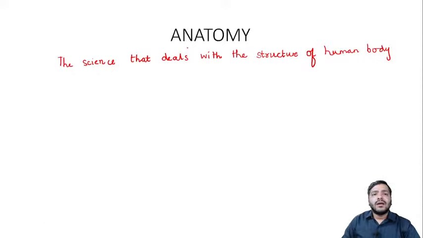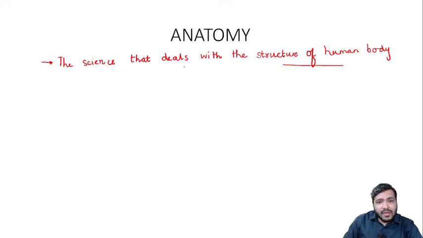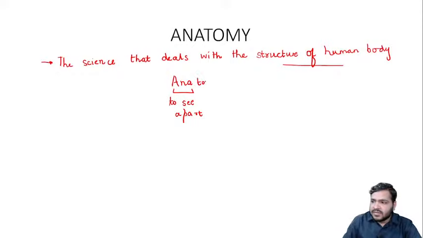See, the basic definition of general anatomy says that it is the science that deals with the structure of the human body. Remember, what do you mean by the term anatomy? Ana basically means to see a part, and tomy basically means to cut.